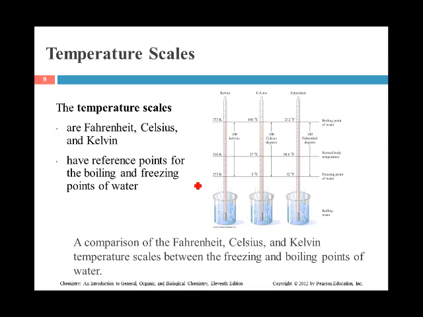So if we take a look at a direct comparison between the 3 scales, we have Kelvin, Celsius, and Fahrenheit. If we look at where ice melts, that's 0 degrees Celsius. When they first decided to come up with a temperature scale, they wanted to relate it to something that everybody could relate to.